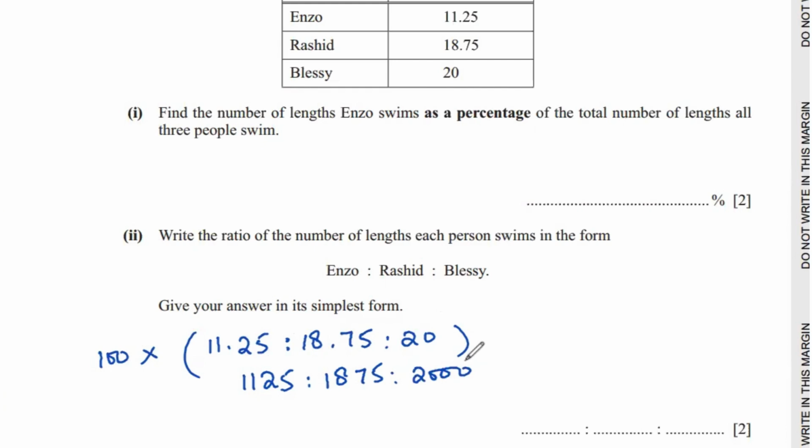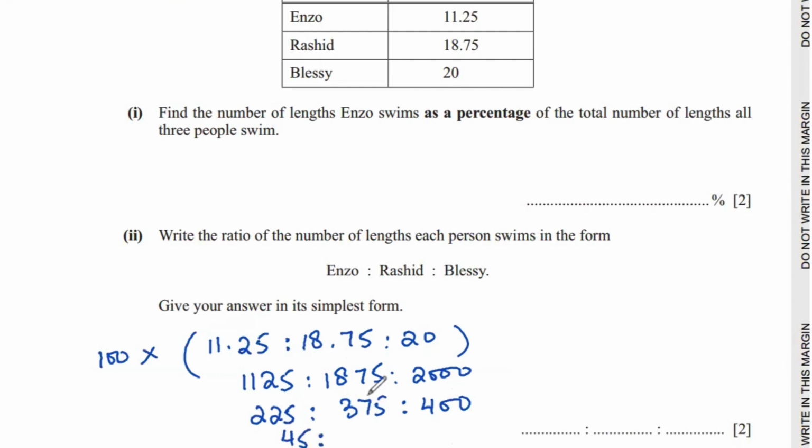So if we divide 1125 by 5, that gives us 225. 1875 divided by 5 is 375. And this one is 400. Again, divide by 5, 225 divided by 5 is 45.